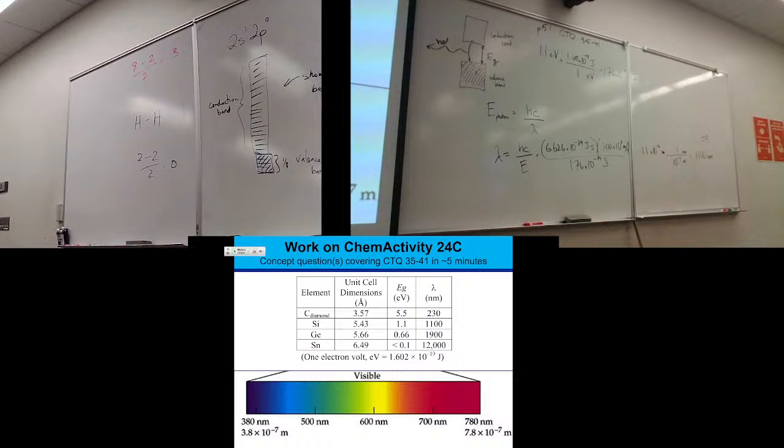The bond strength, it's going to decrease. Okay, so as the gap gets smaller, it also decreases strength.